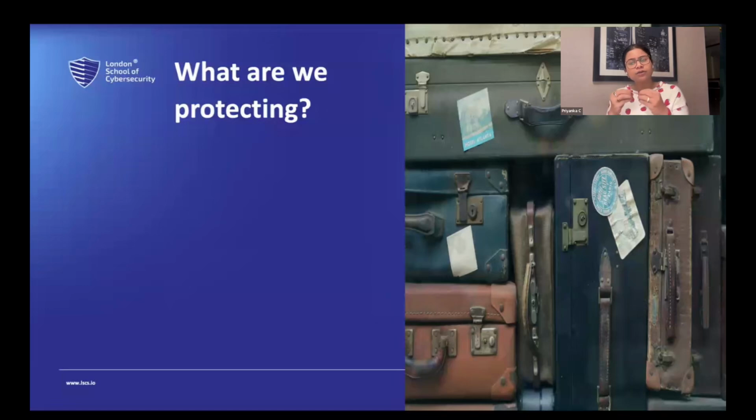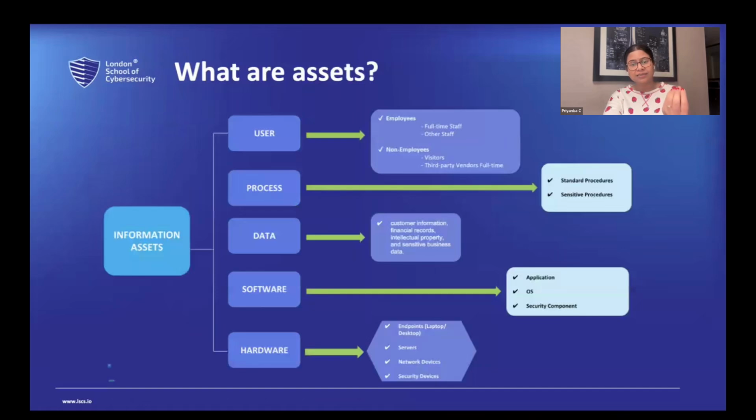But when it comes down to the actual work or the implementation of this whole ideology, what is it that we are protecting? We are protecting assets. Assets is the term that we will hear going forward and in your real-life work as we go through this journey and as you build your career. So just remember, we are trying to protect assets.